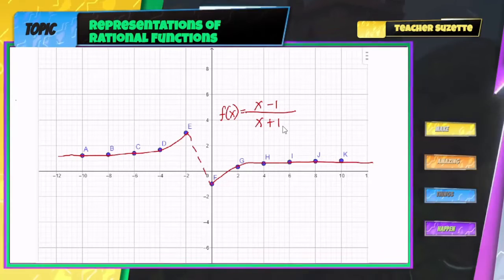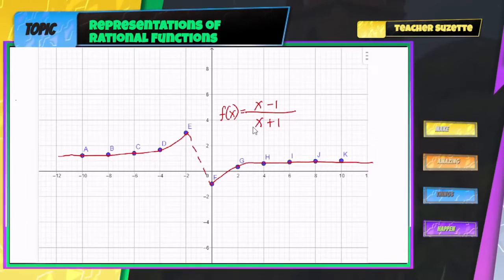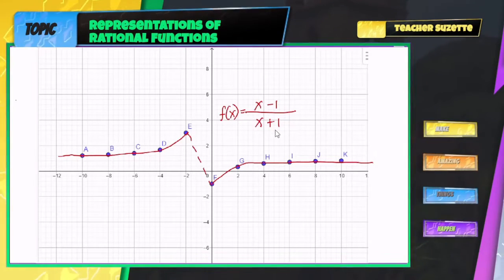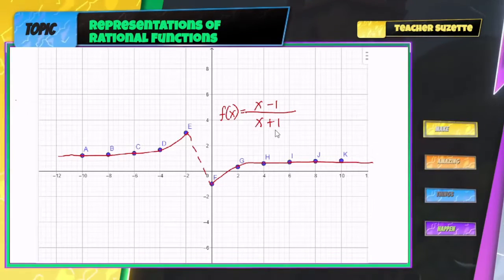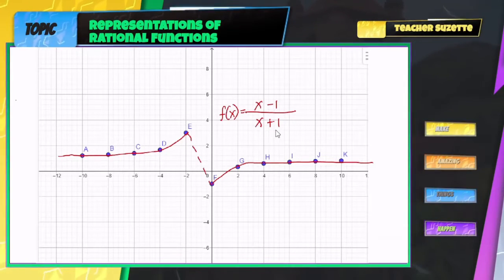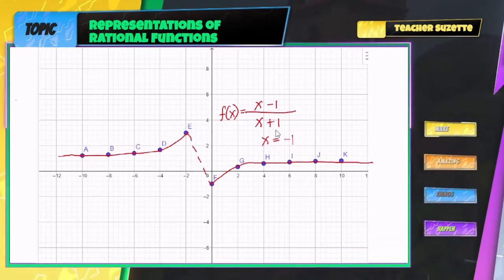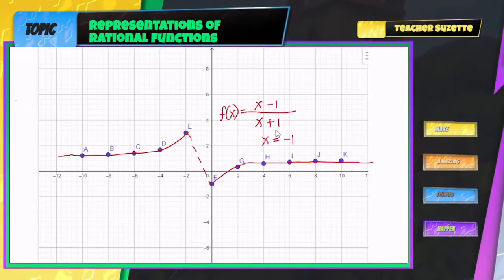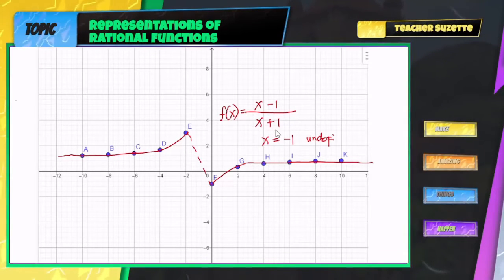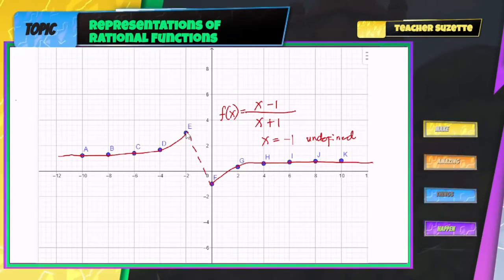So there are cases that we have to be careful. We have to be careful in getting the values of our x dahil dapat our function should not be undefined. So for this case, particularly when our x is equal to negative 1, it will make your function undefined. That is why hindi po tayo pwedeng mag-connect ng points from E to F.